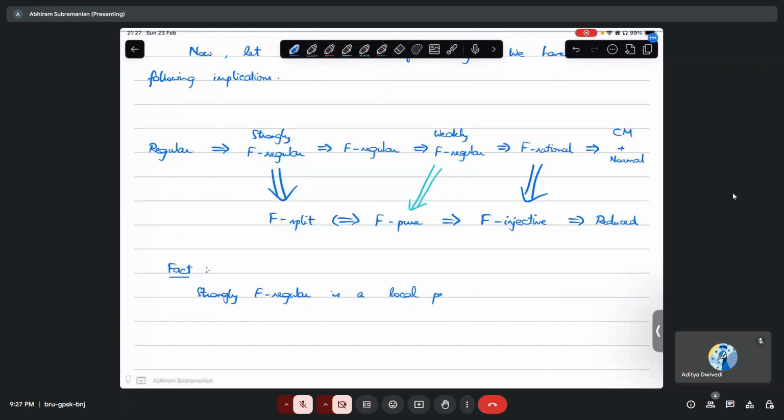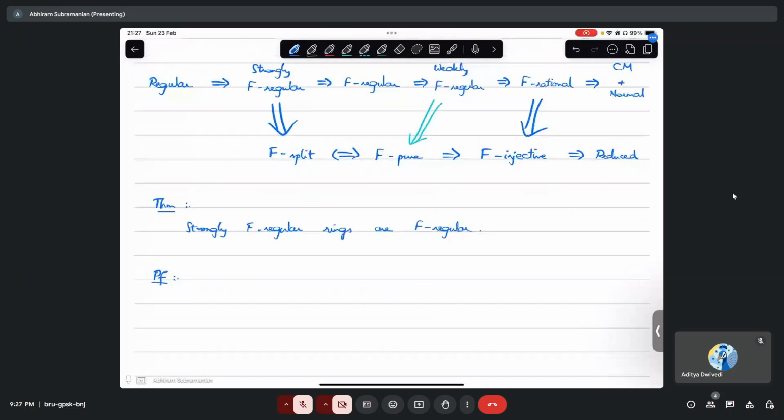So, let R be a strongly F regular ring. Enough to show that I star equals I for all I in R, since strongly F regular is a local property.